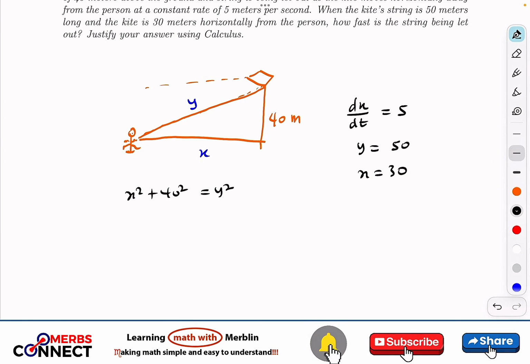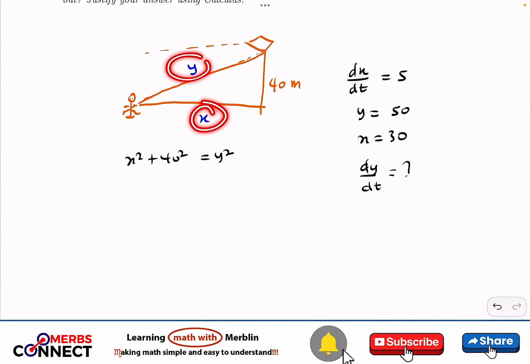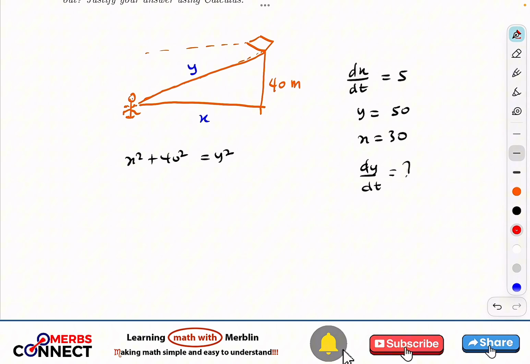Then definitely we are going to calculate dy over dt. So all the information is out here. We don't even need to use the Pythagoras theorem to find one of the variables, because x is given, y is given, and we just need to differentiate this.